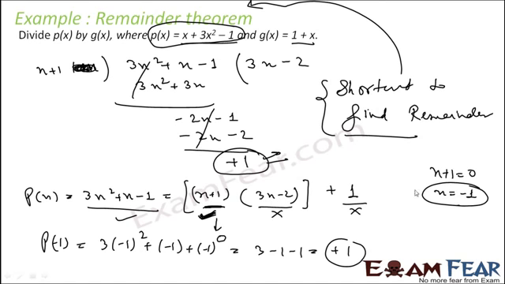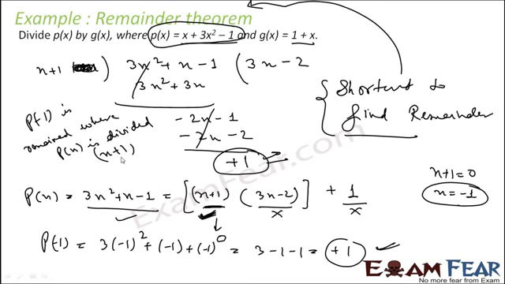And x plus 1 is 0, that is x equal to minus 1. So if you find p of minus 1, you will get the remainder. So p of minus 1 is nothing but remainder when px is divided by x plus 1. Got it?